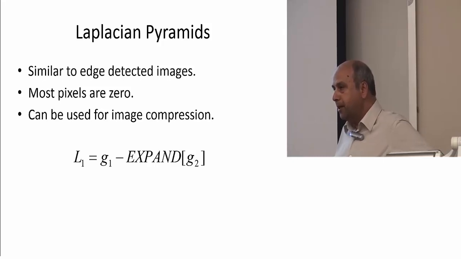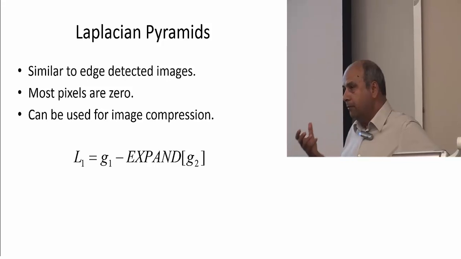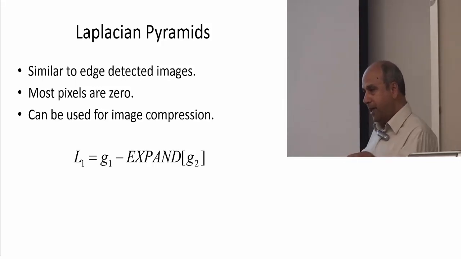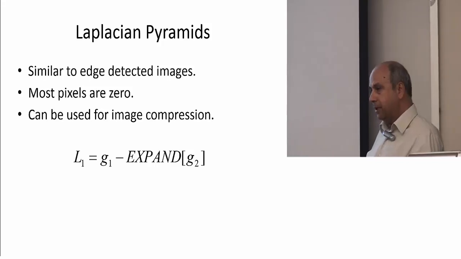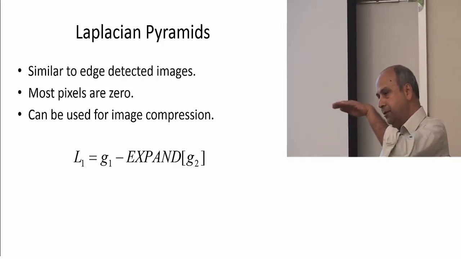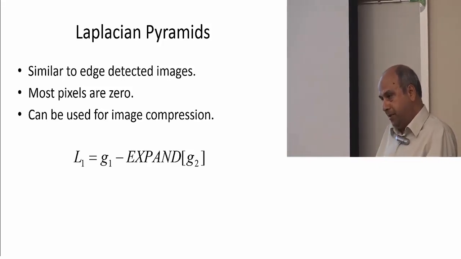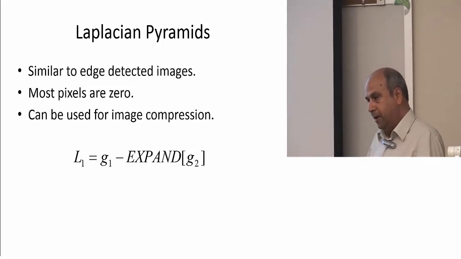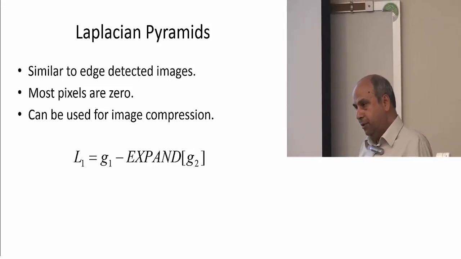Now, we take an original image and make a Gaussian pyramid of that. The lowest level of that we will call G1, the next level is G2, G3, G4, G5. G1 is the original image, but we'll just use the notation G1, or sometimes we use G0.